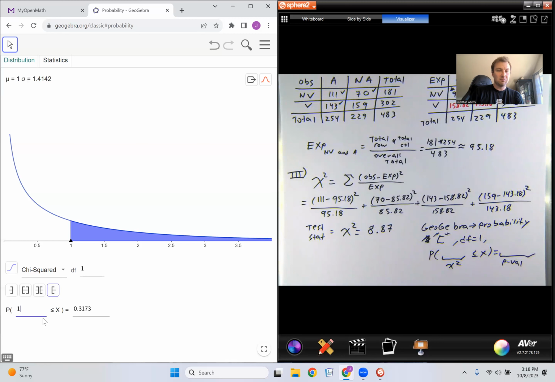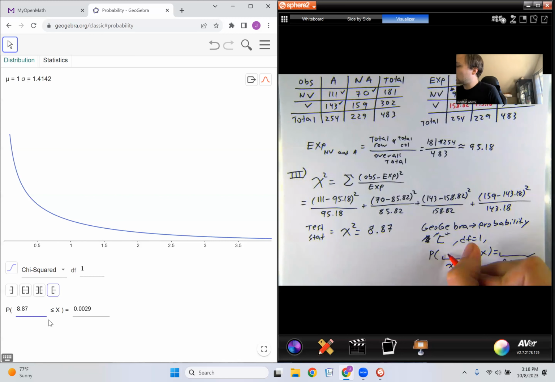So in this case, my chi-squared was 8.87. And putting 8.87 in gave me a p-value of 0.0029. As always, I've got my conclusion.